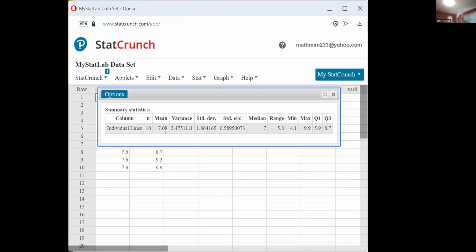We have a mean for this one of, hold on, did I do that right? I feel like this is the same data. No, it looks like it is. So that's going to be 7.08. I was really surprised by that. Okay, and then the median is also 7.